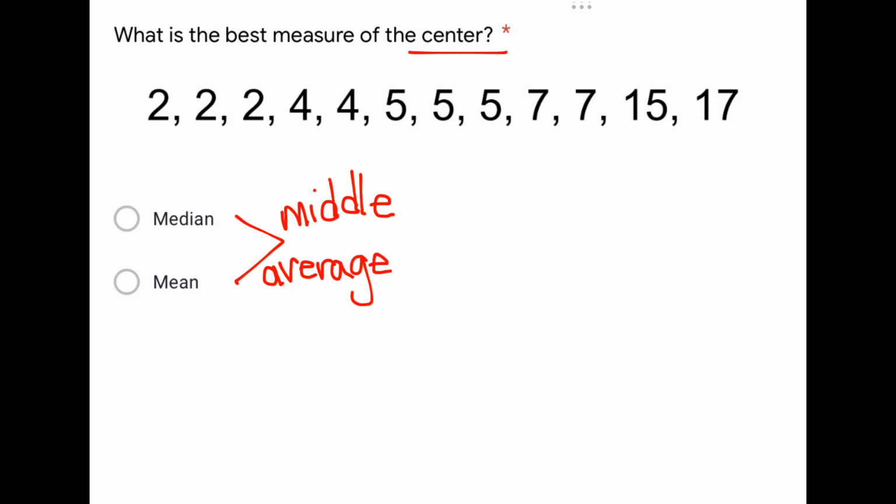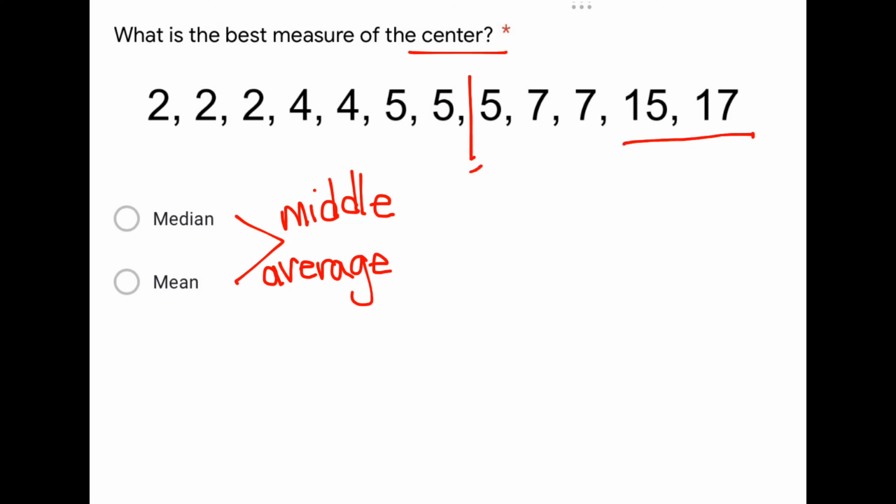So, if you were to do the average of this data set, look at these numbers down here compared to the rest. You're going to get probably a higher number because it's average. But if you do median, we already know what our median was, and I told you it was 5. This would be our median.